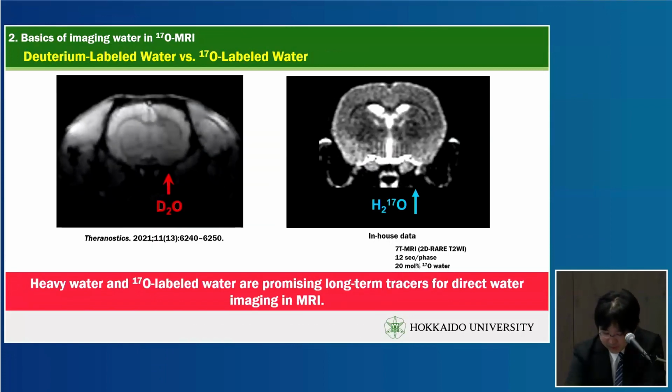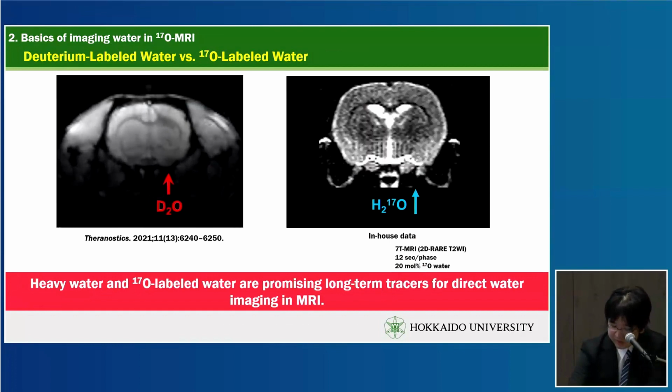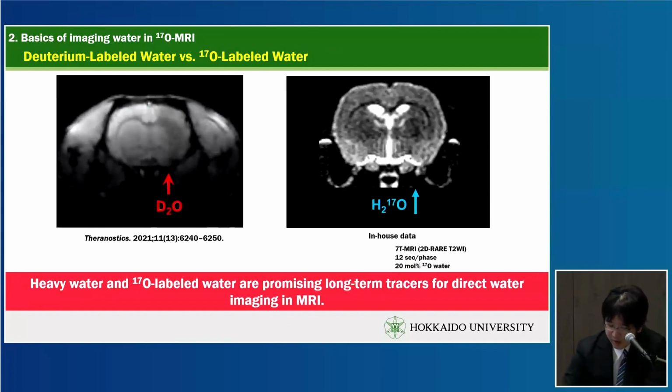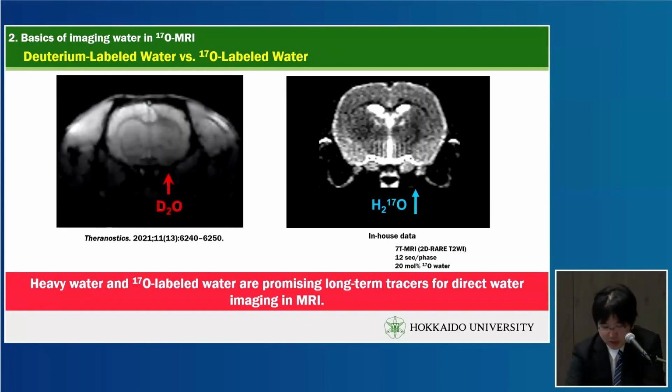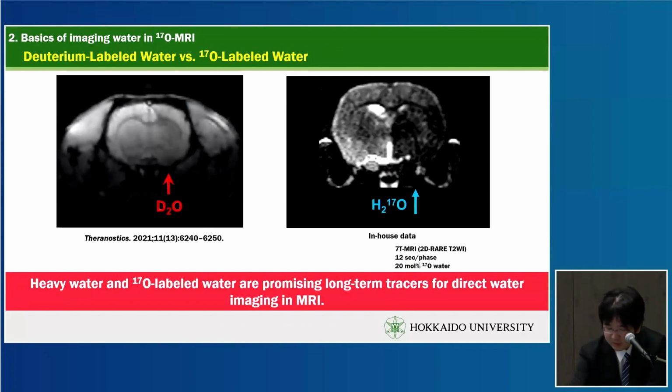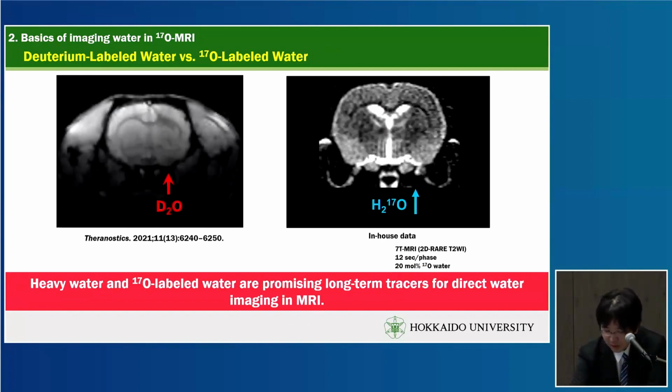In the preclinical case, I present here a model of arterial infusion in rodents. Heavy water infusion can be detected as a signal decreasing lesion due to the reduction in proton content. In contrast, O17 water as a T2 shortening contrast agent can be detected as a signal reduction on T2 weighted images.